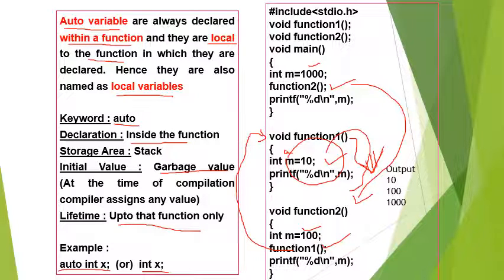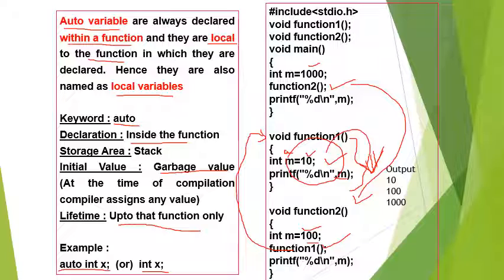There it is using int m equal to 10. So the value 100 is changed to 10 inside function one of. So m equal to 10 will be only inside this function one. From there it is printing m.